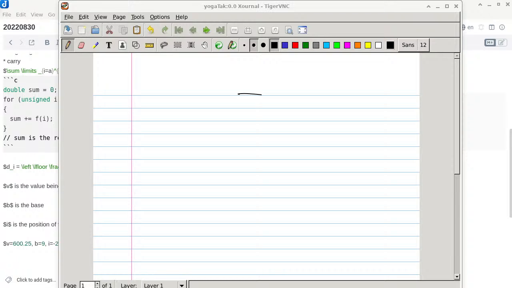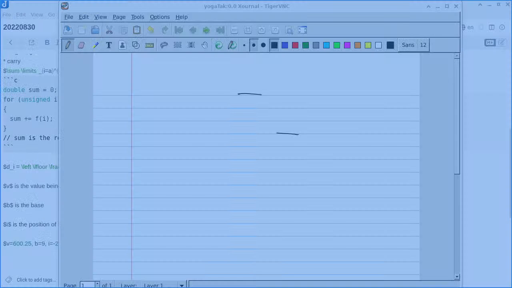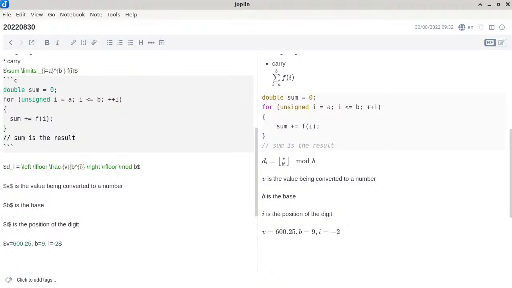All right, let's see if this works. Nope. Okay, everything is offset a little bit. Darn it, doesn't work. All right, but I can still capture it. No worries.